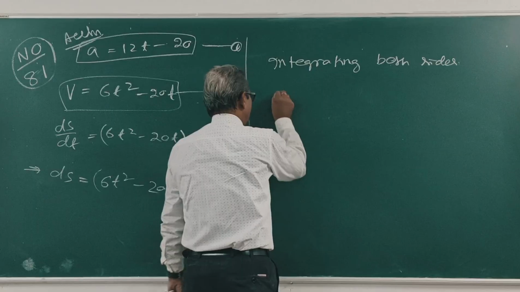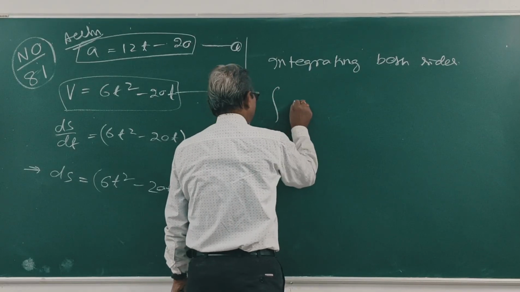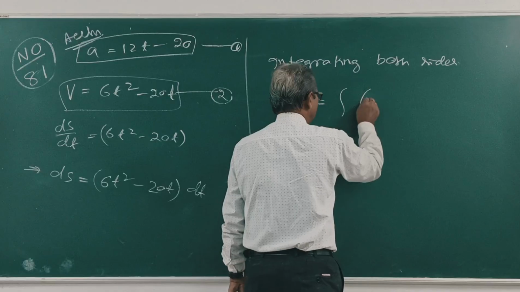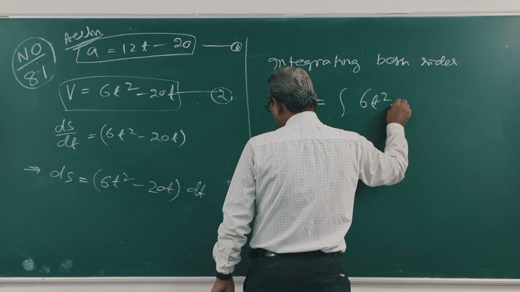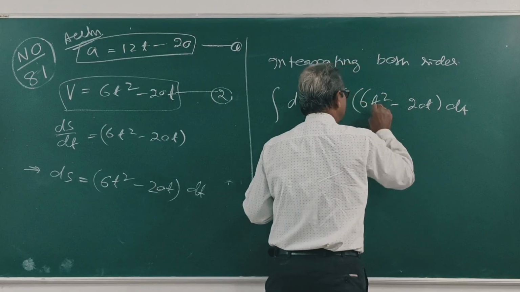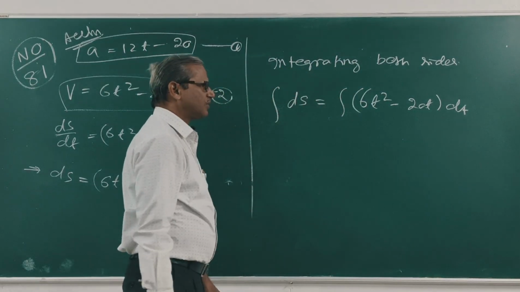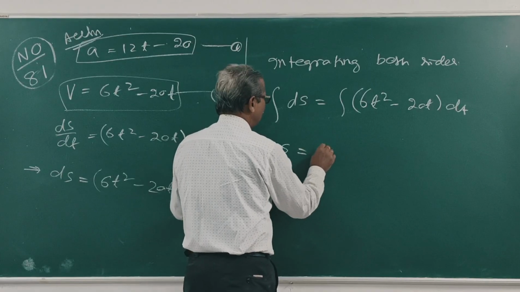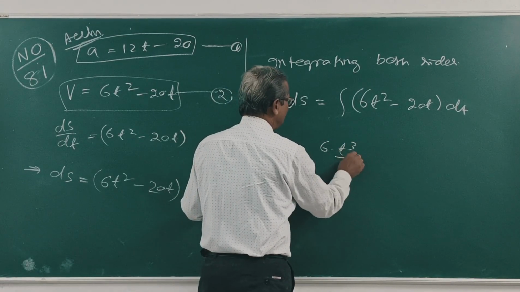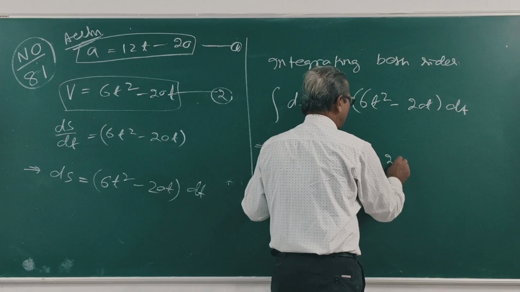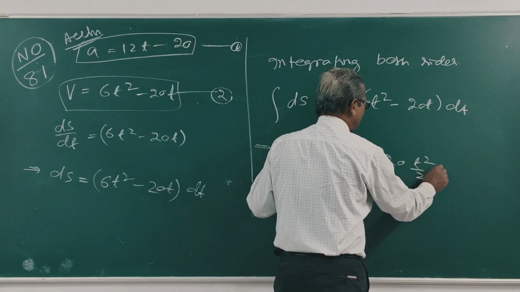So integration of ds is equal to integration of (6t square minus 20t) dt. This implies s is equal to 6 into t cube by 3 minus 20 into t square by 2 plus c2.